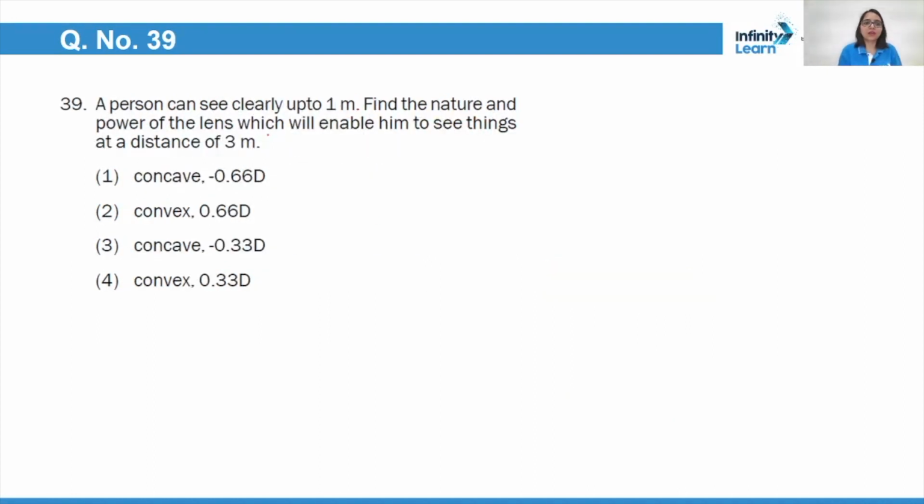Question number 39. A person can see clearly up to 1 meter. Find the nature and the power of the lens which will enable him to see things at a distance of 3 meter. So a person is suffering from nearsightedness, right? So it will use a concave lens. So power will be negative. So either this or this option is true.